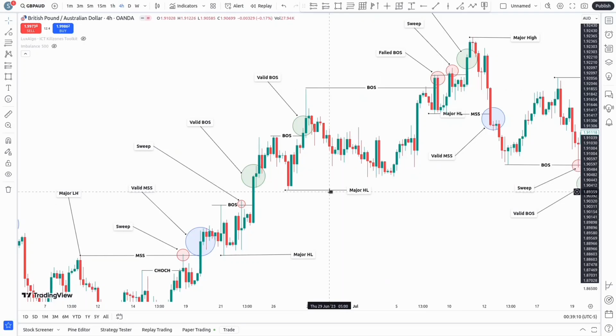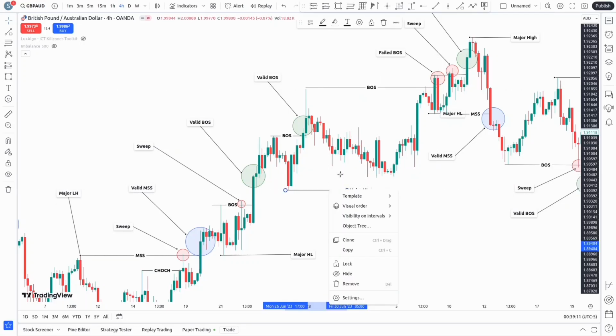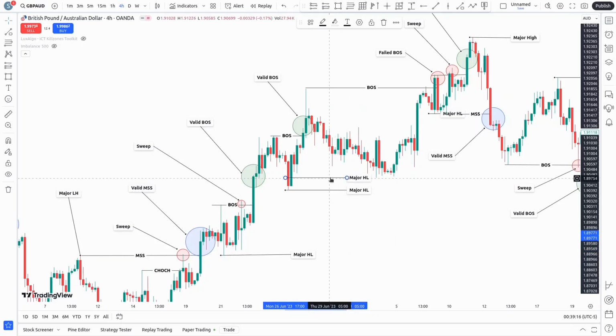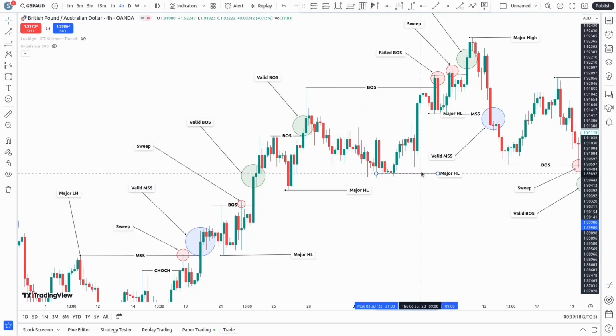Here now is another major level. This point here is another major level for us that price needs to break for us to consider it as a valid market structure shift.